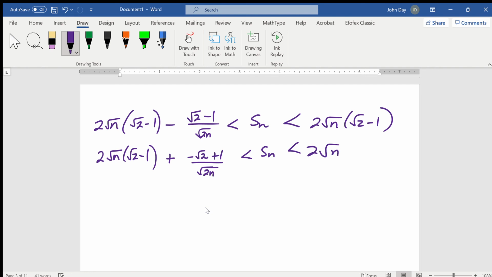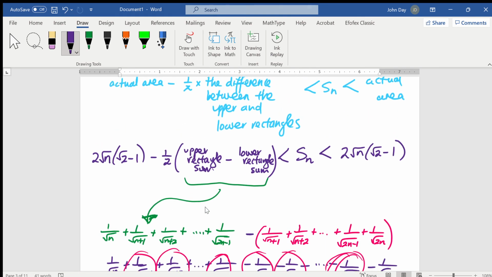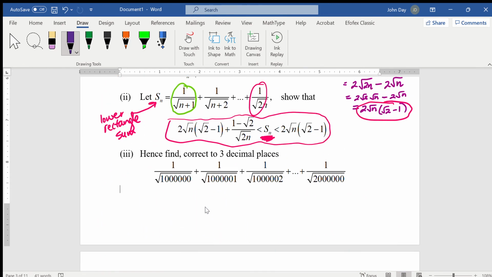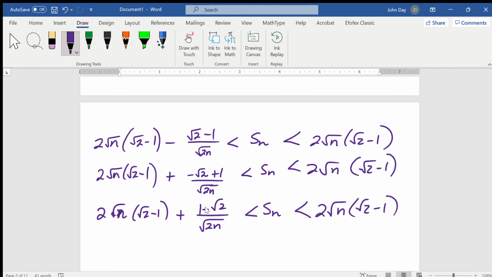So that works out to be 2 root n root 2 minus 1 plus 1 minus root 2 on root 2n, which is less than the sum they gave us, which is less than 2 root n root 2 minus 1. All right, so just checking that that's the same thing, 1 minus root 2 on root 2n. Yes, so that's the case.